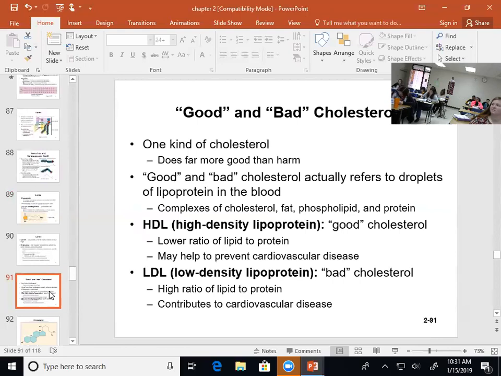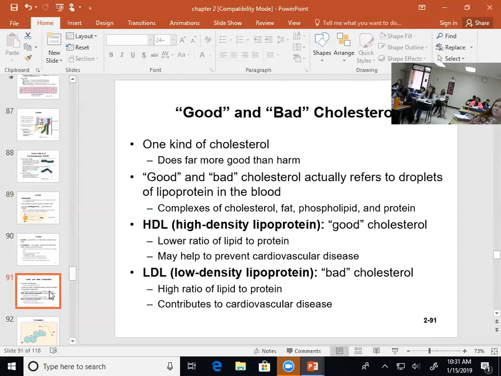I've seen people with really low total cholesterols, like 140 milligrams per deciliter, at high cardiac risk. Why? Because they had almost none of this detectable. It was all this. Without this, this stays in the blood vessels.